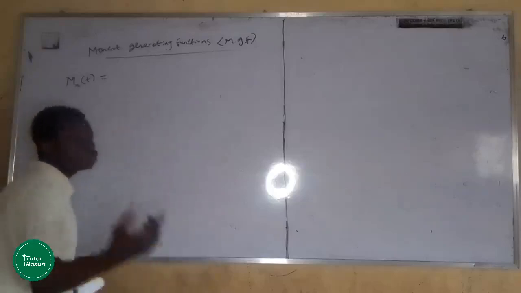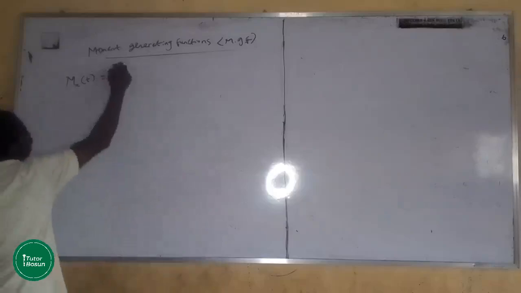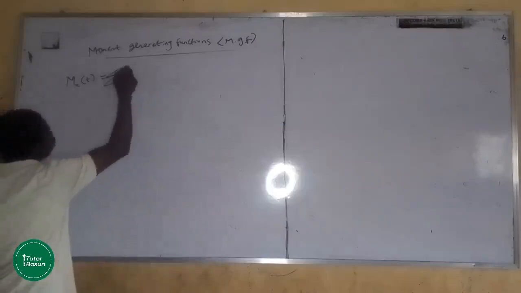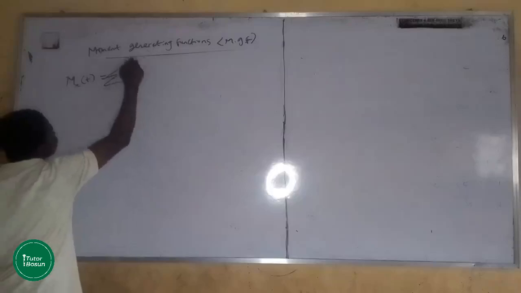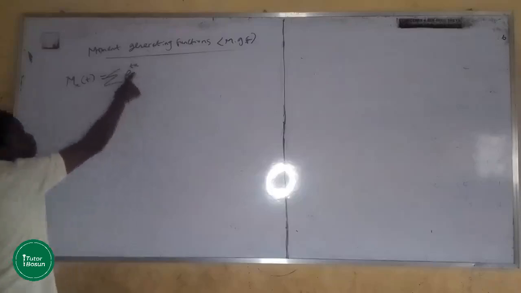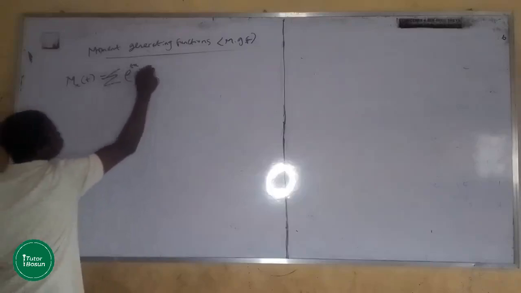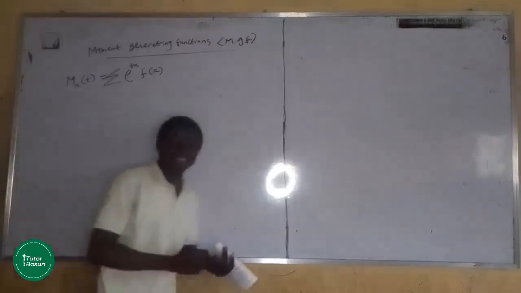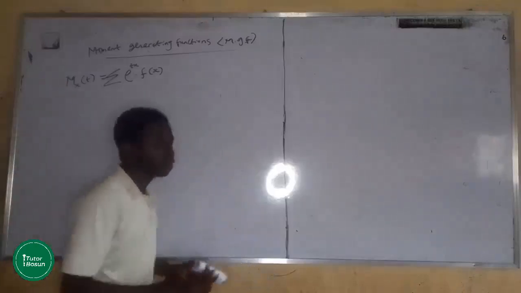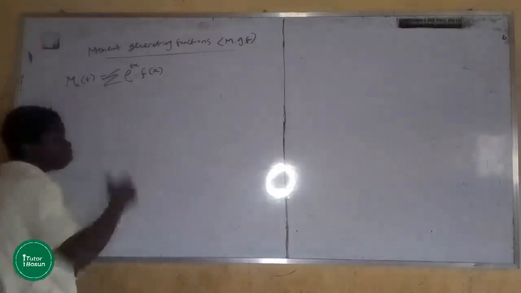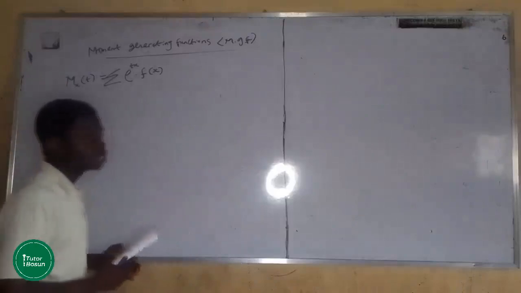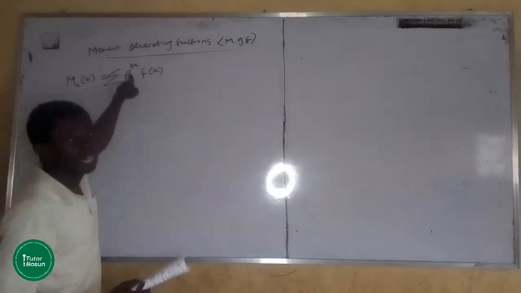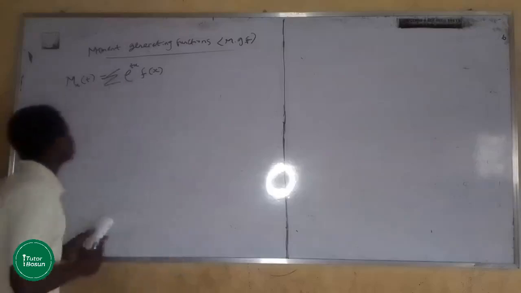For a probability function, it is derived by taking the summation of exponential tx multiplied by f of x. It is more of taking the expectation of exponential tx.